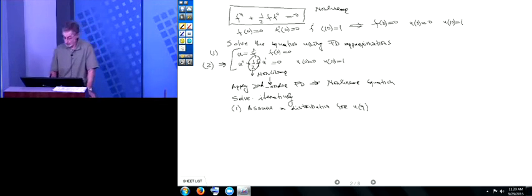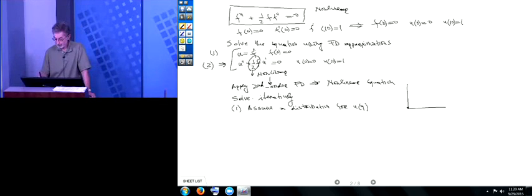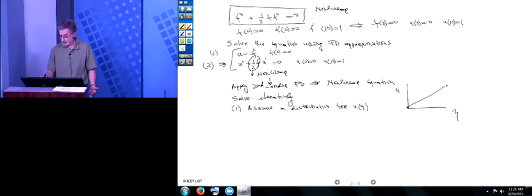We know the initial value, we know the final value. You can assume it's something like this: start with a straight line. We know at the left boundary this is 0, at the right boundary it's equal to 1. So call this u, this is eta. We know that this is equal to 1, and this is equal to 0. So this is your initial distribution.